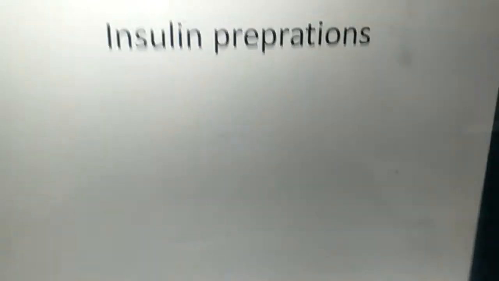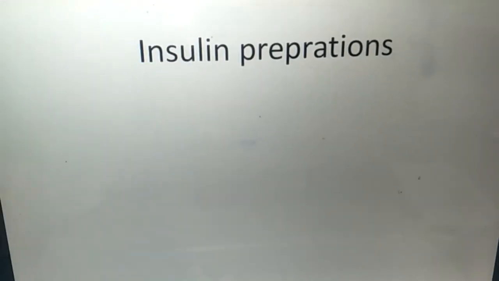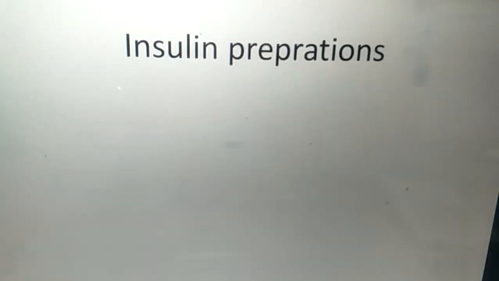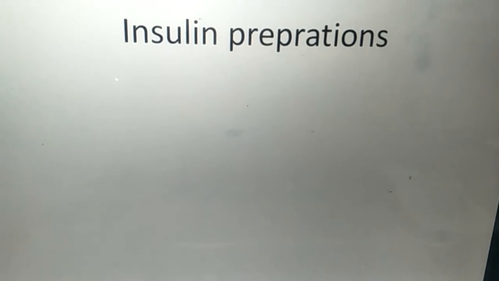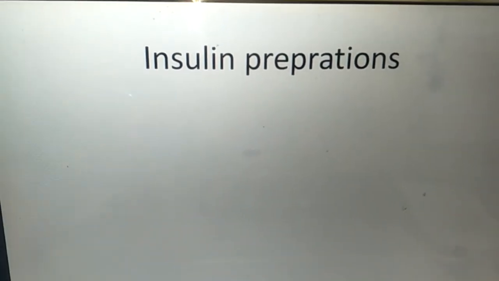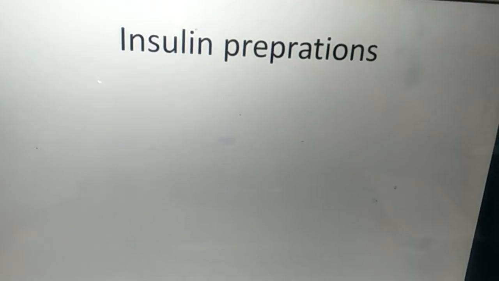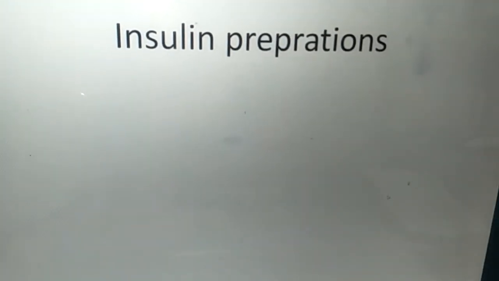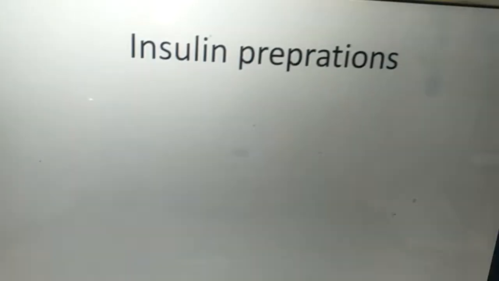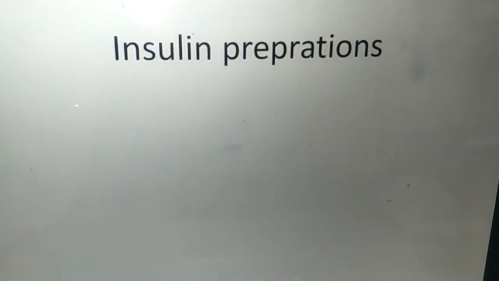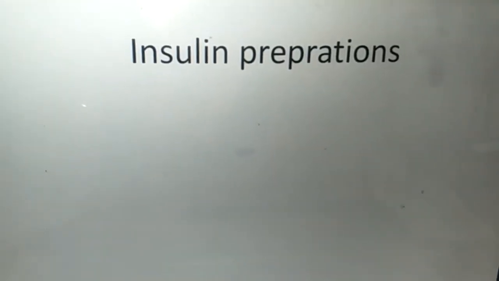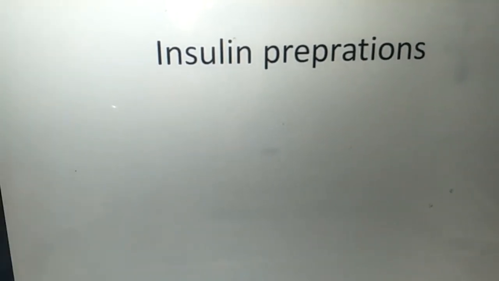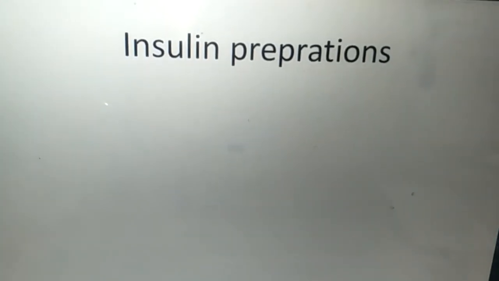So till now we were discussing the physiology part. We were discussing insulin as an endogenous substance, as a hormone. Now the concern of pharmacology is when we use insulin as a drug for the treatment of diabetes type 1 or some cases of type 2 also.